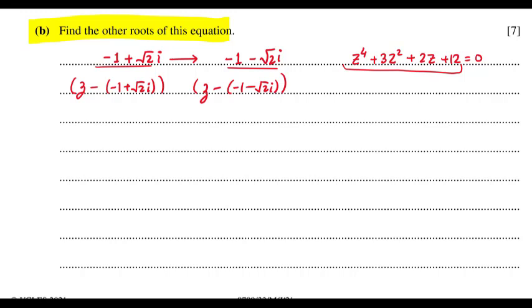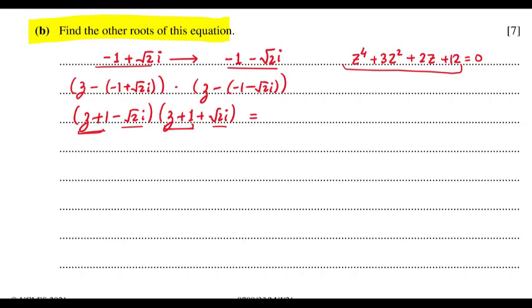So we will take a product of it. It is going to be z + 1 - √2 i, and here it is z + 1 + √2 i. We have to be careful because this is simply (a + b)(a - b). This is a, this is b.